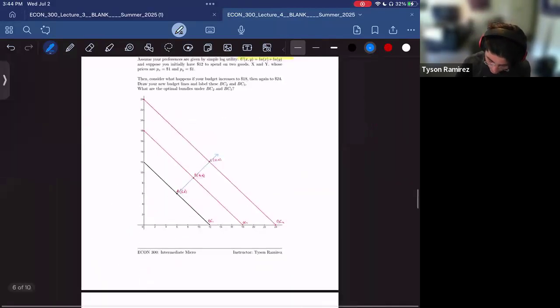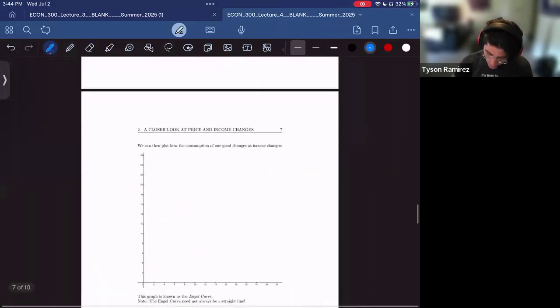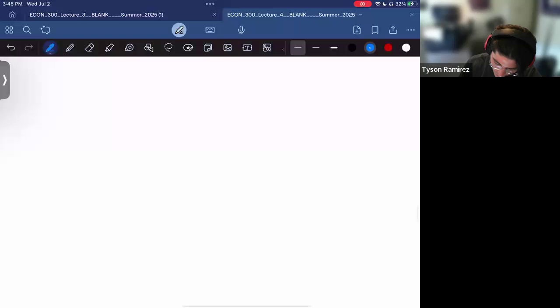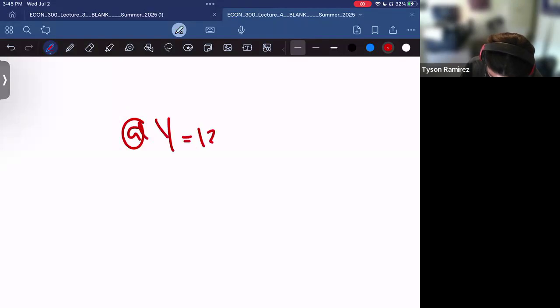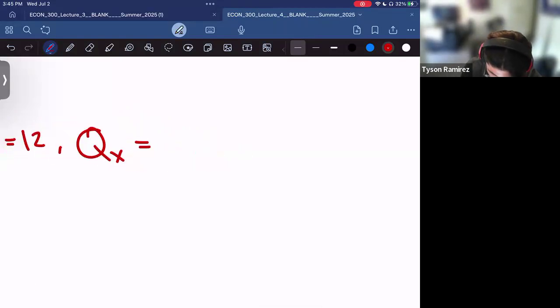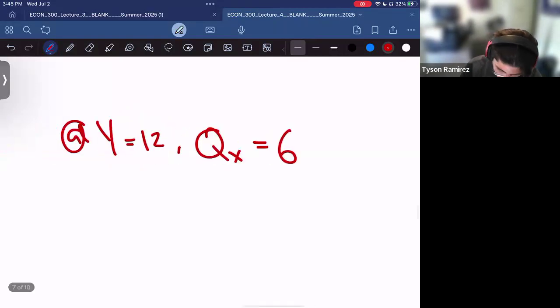If we were to then plot how the consumption changes with our income, let's go ahead and do that right here. So what I mean by that, at y equals 12, let's just look at quantity. We like good x, so let's do good x. The quantity of x was 6.